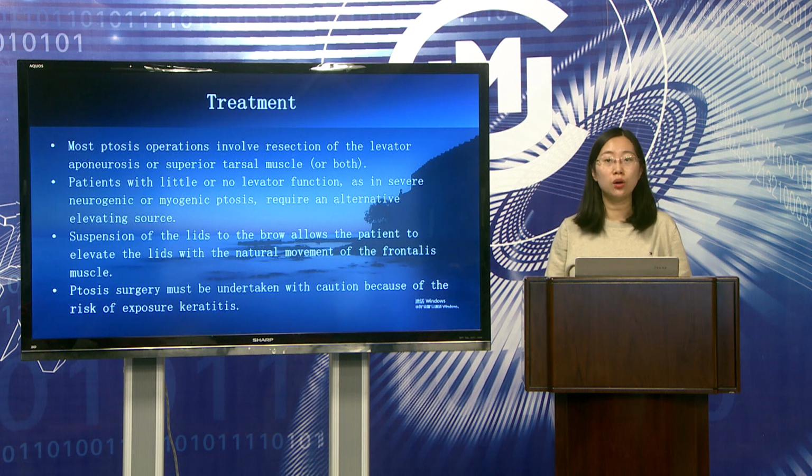Patients with little or no levator function, as in severe neurogenic or myogenic ptosis, require an alternative elevating source. Suspension of the lids to the brow allows the patients to elevate the lids with the natural movement of the frontalis muscle. Ptosis surgery must be undertaken with caution because of the risk of exposure keratitis.